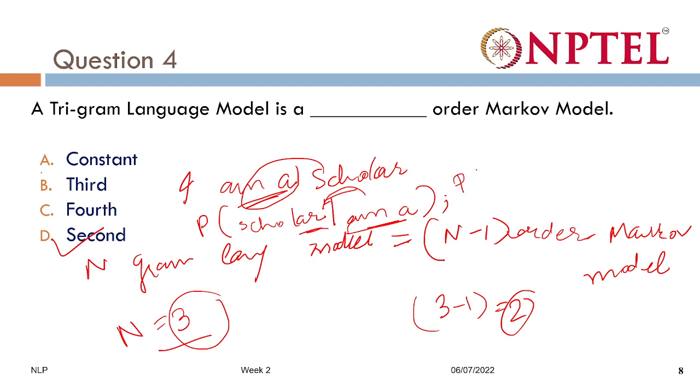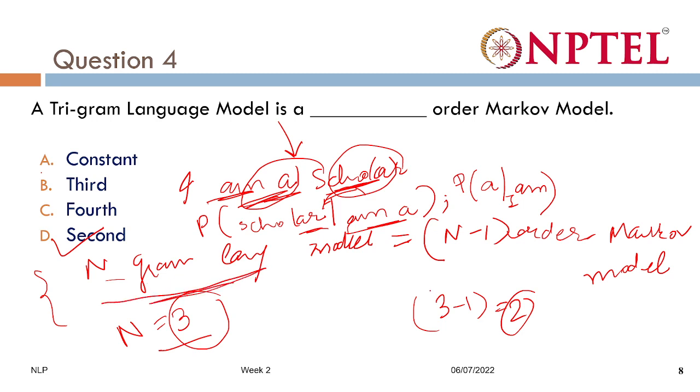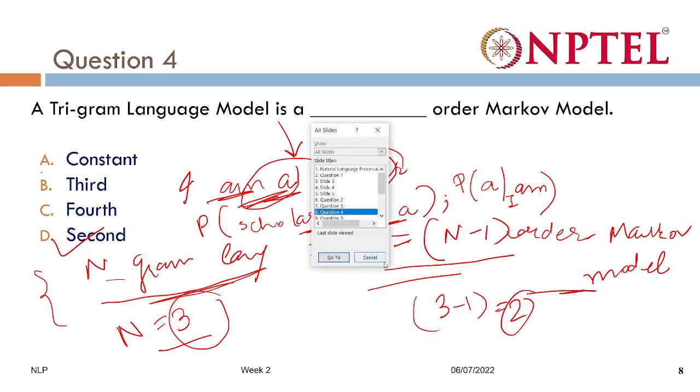Similarly, I compute the probability of a given I am, based on the trigram. I'm trying to give an overview of why they say that an n-gram language model is an n minus 1 Markov model. I hope it is clear to everyone.